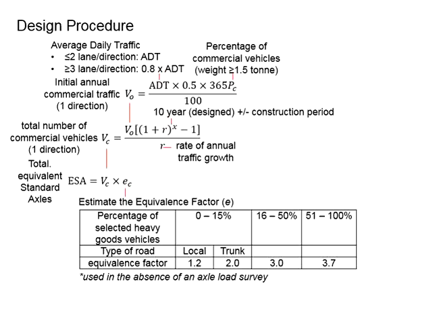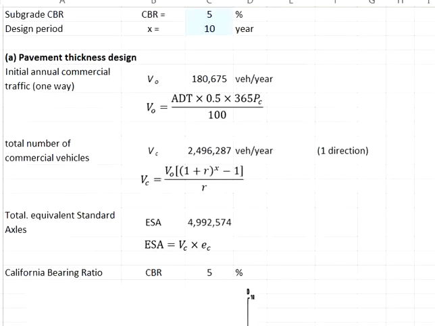As for the local road, it refers to the street road, giving access to residential and commercial units. Substitute VC and also 2.0 of E into the equations. You get ESA of somewhere around 5 million.